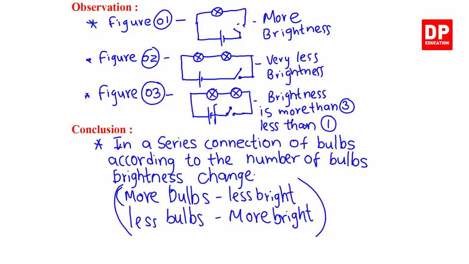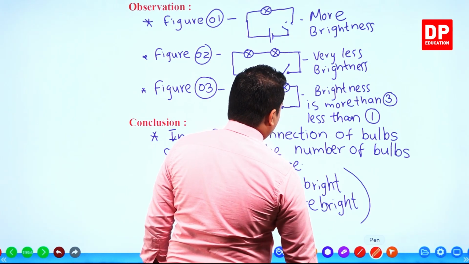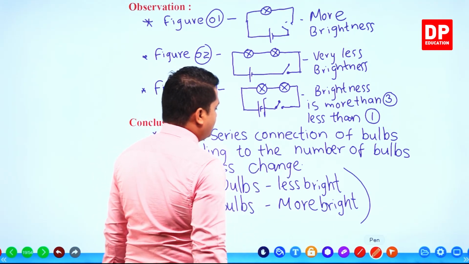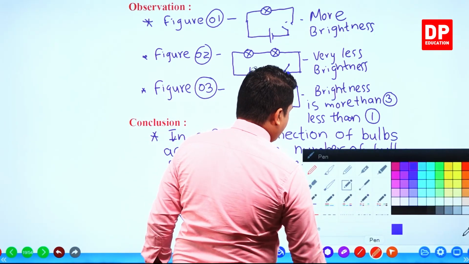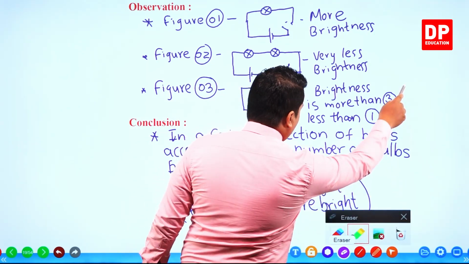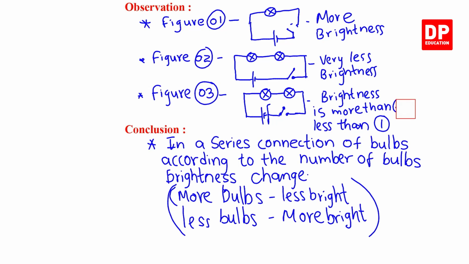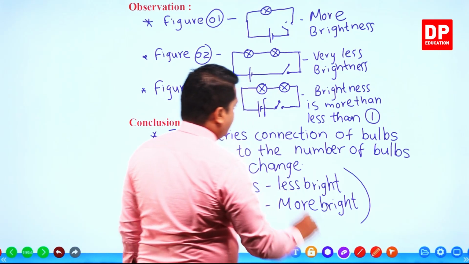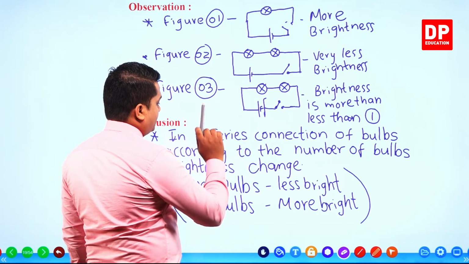Here I have written that brightness is more than 3, but the third figure is this one, no? So the brightness should be more than 2, not 3. This is the third figure, the final one, the third circuit.